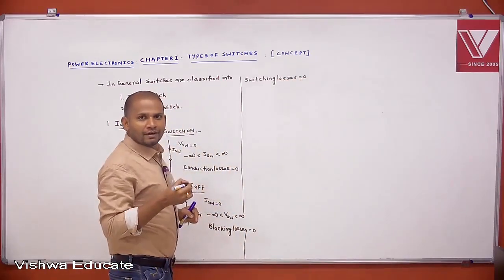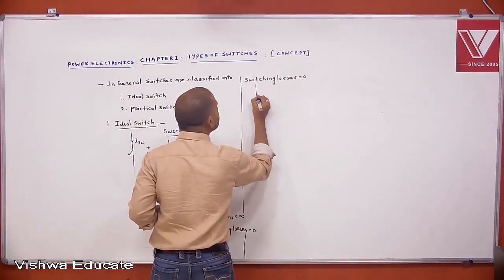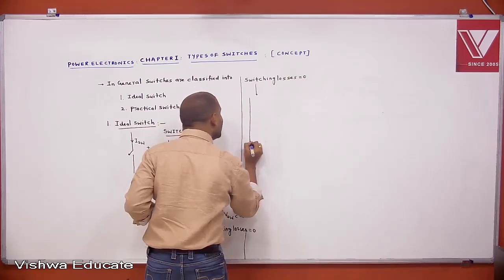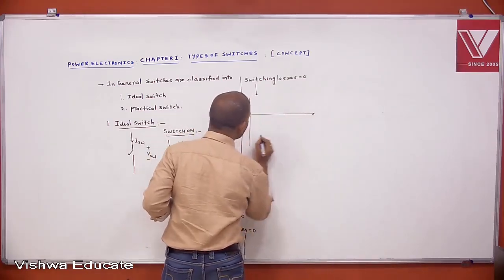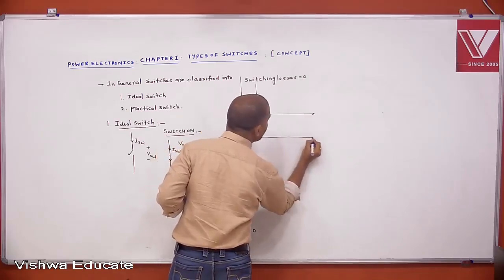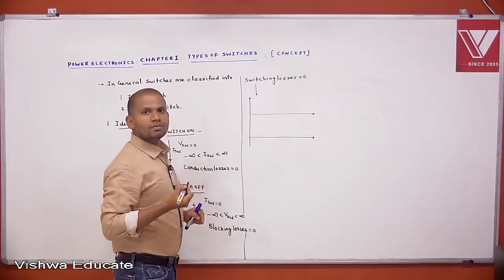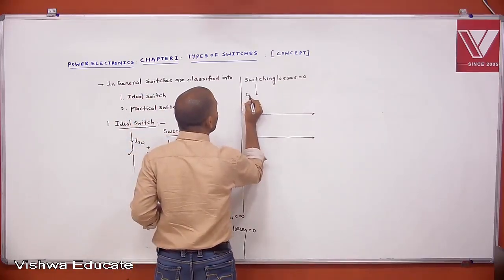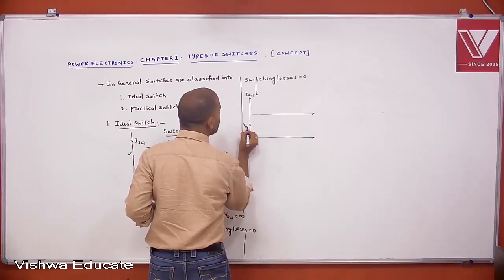How to say that in an ideal switch, switching losses are 0? Because there is instantaneous switching from on state to off state and off state to on state. That's the reason why in an ideal switch, switching losses are 0. Let this be ISW and this be VSW.